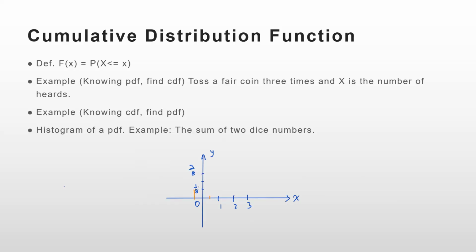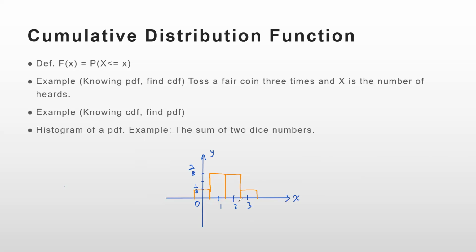So you have this one, and then you have 1/3, and also 1/3. Well, not 1/3, 3/8. Sorry, my bad. So that's the histogram of this distribution: 1/8, 3/8, 3/8, 1/8.